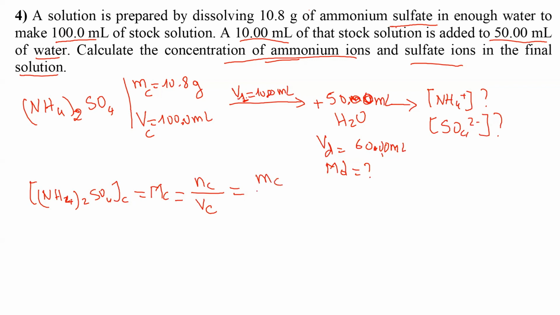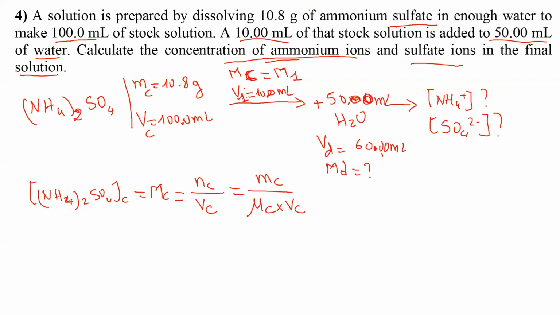So MC is the mass over the molar mass times the volume, VC. And this concentration I will call M1, because the concentration MC will be equal to the concentration M1.